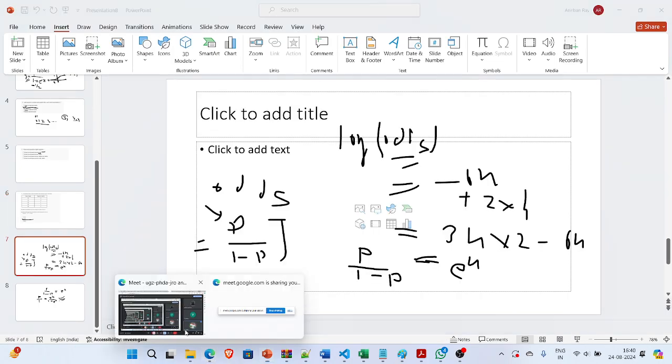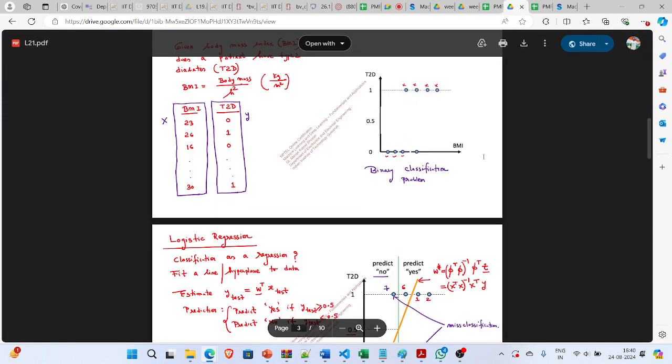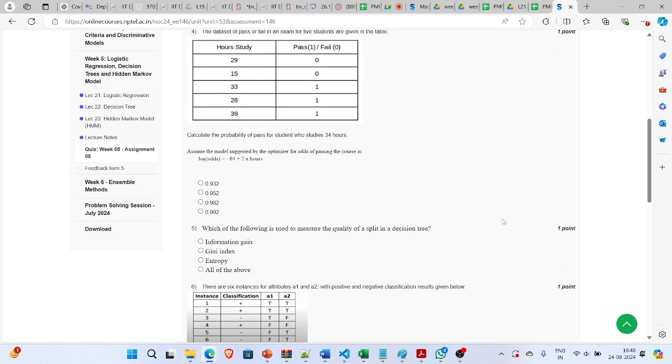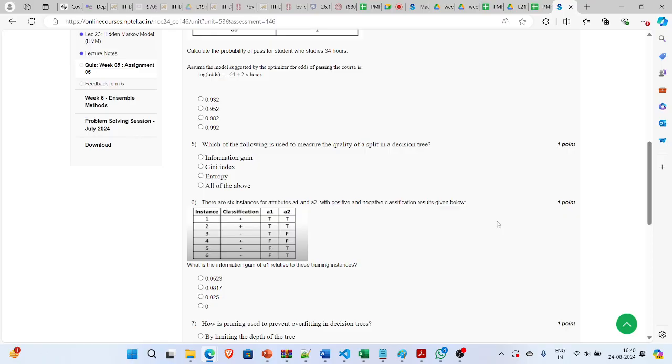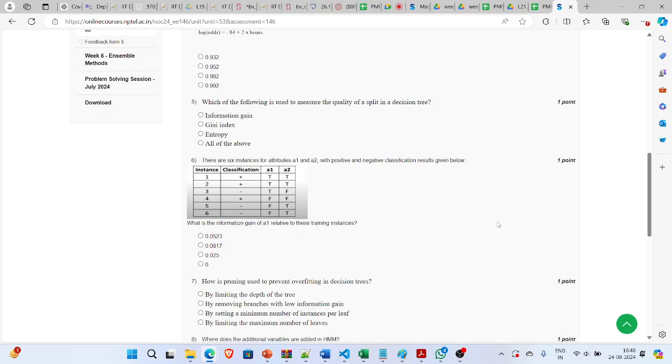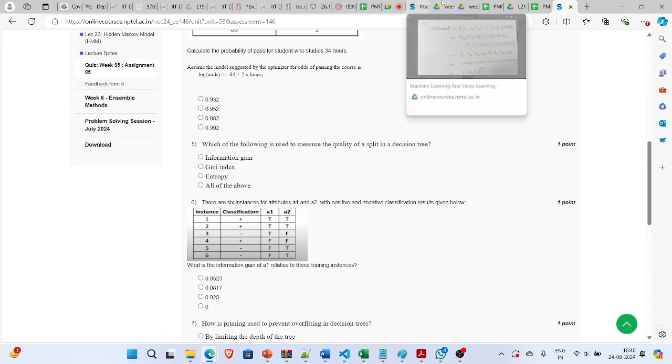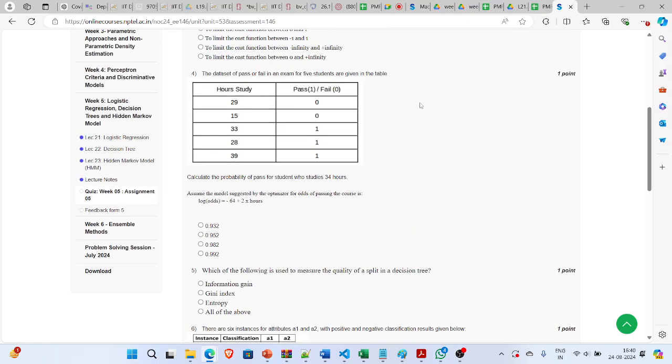The next question is on decision trees actually. I'll explain the decision tree part a little more, since it was not discussed at all yet. So we're going to get started with decision trees from the notes here.